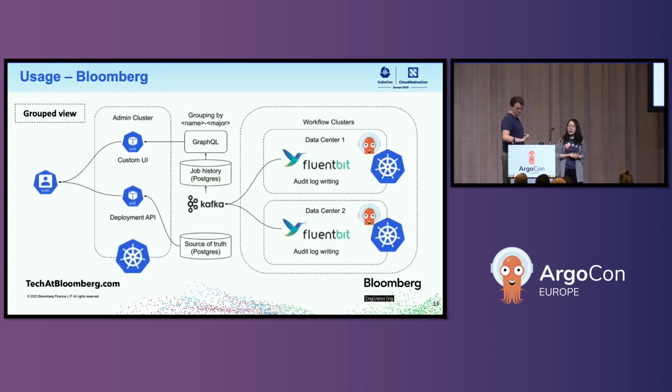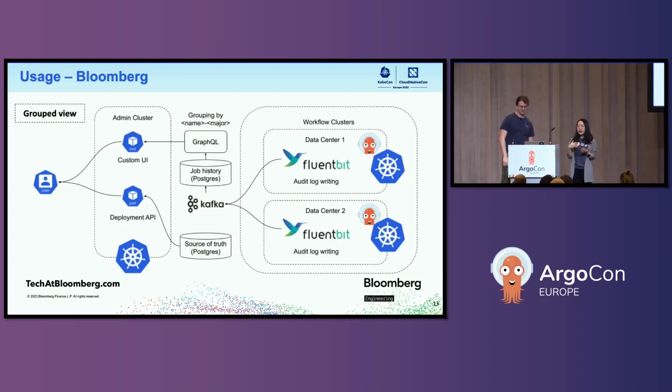Next, we'll explain a little bit about how we gather that information for the UI. When some resource gets modified or created or deleted on the cluster, there will be a kube audit log generated, and we rely on Fluentbit to pick up that information and forward it to the Kafka topic.